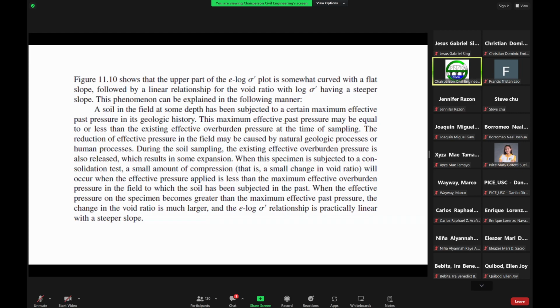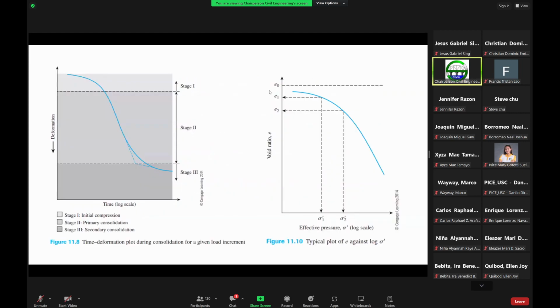So if we go back to this figure here, if we try to plot the void ratio with respect to the effective pressure, the sigma prime, this is in linear scale, this is in log scale. We call this the e-log-P plot.